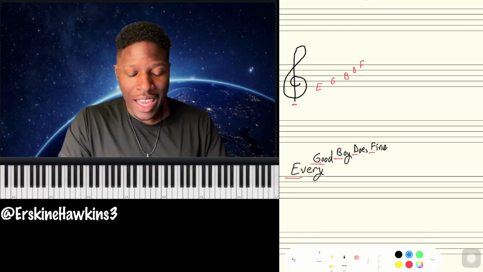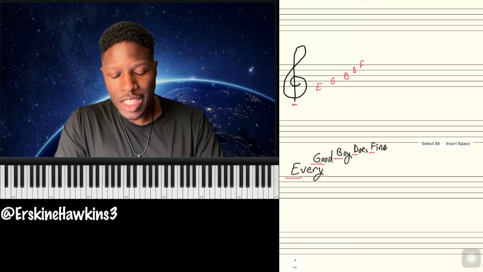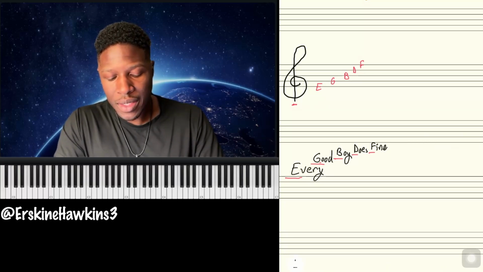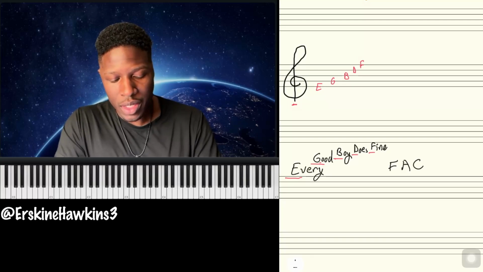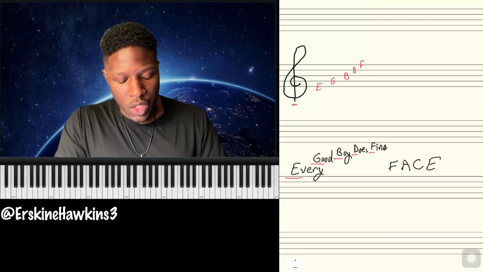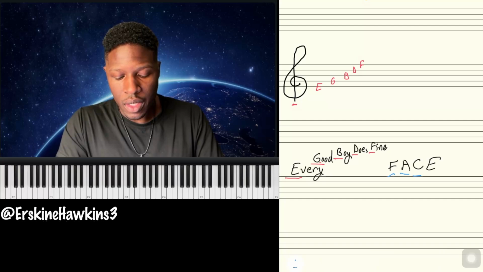If we're looking at a space, then we use our face. F, A, C. I'm left-handed, so I'm trying not to have my hand on the thing. So if we're looking at a space, we use our face.